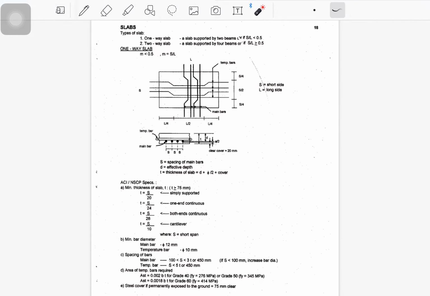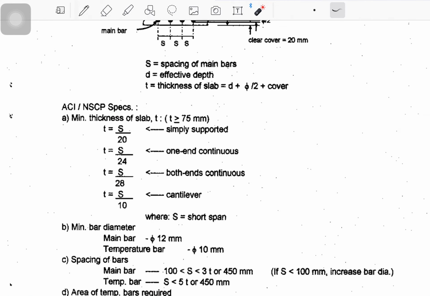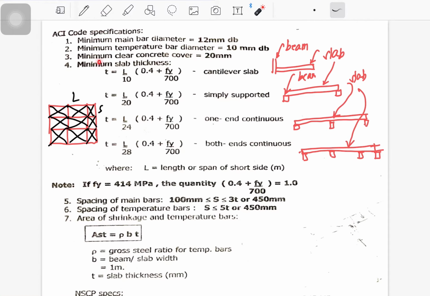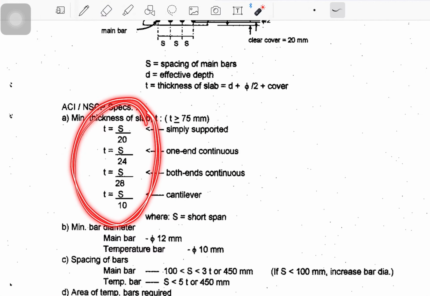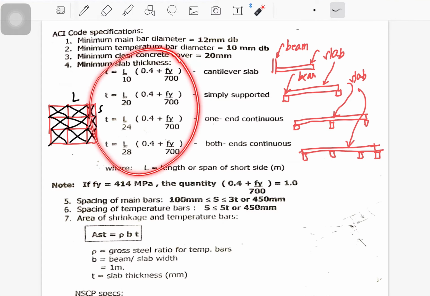So in some of your notes, the minimum thickness of slab is only this one, the same as this one but without the multiplier. So you can use that. You can use this minimum thickness calculation, or you can use that one.